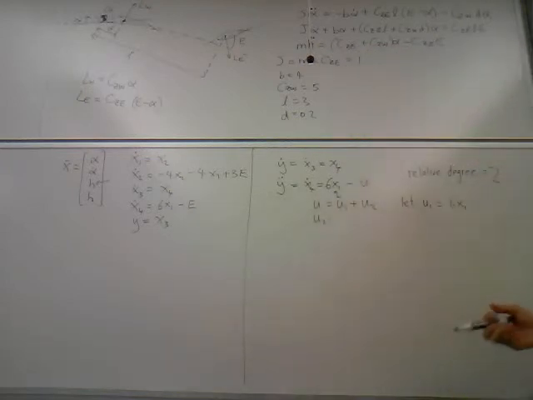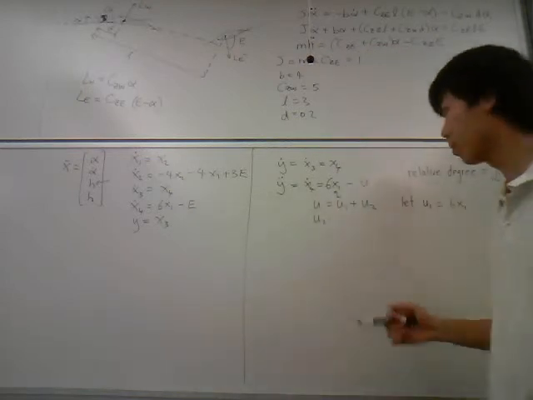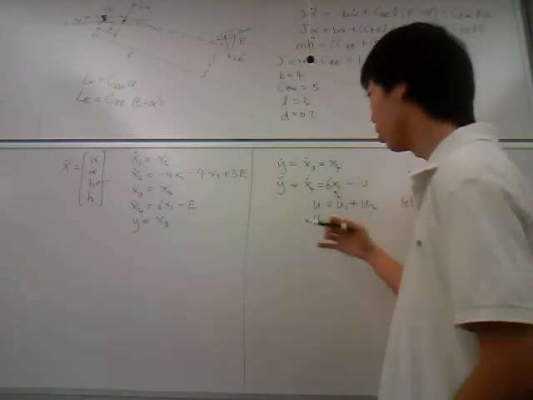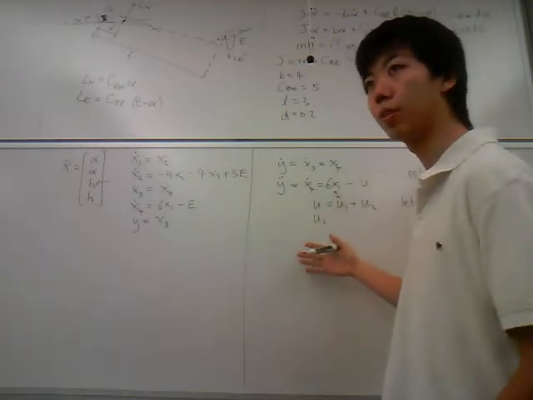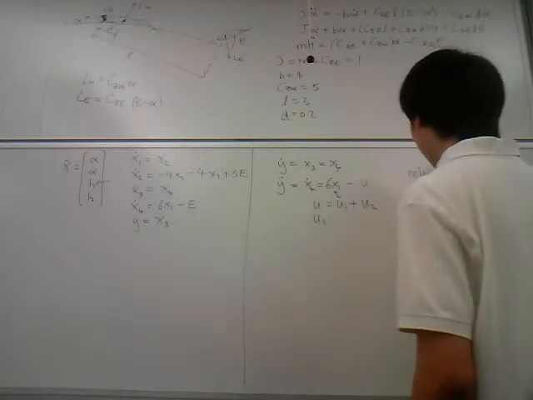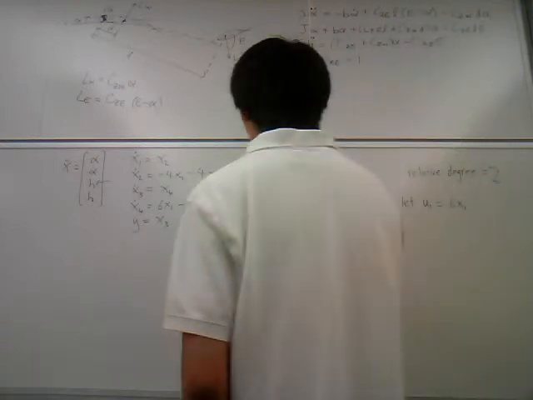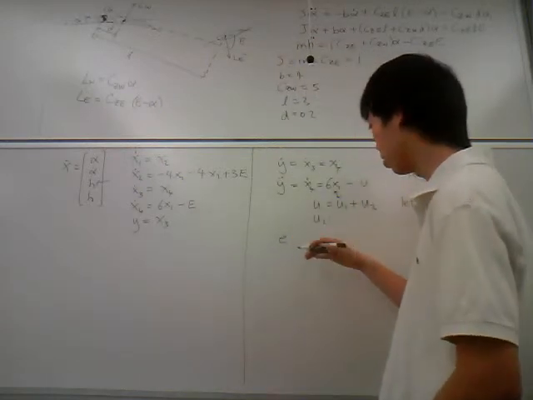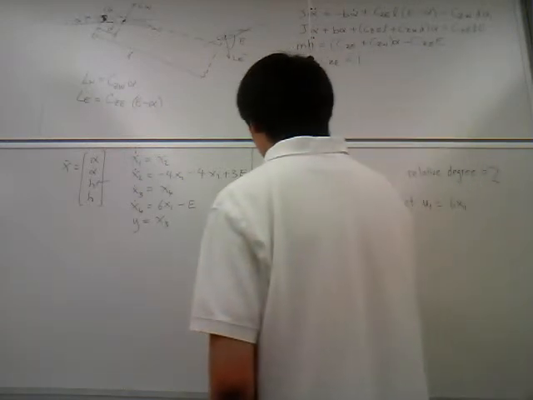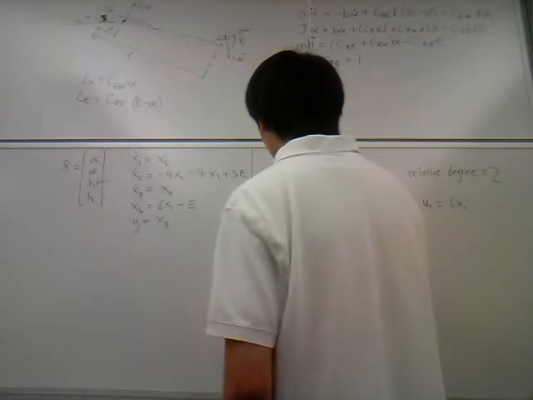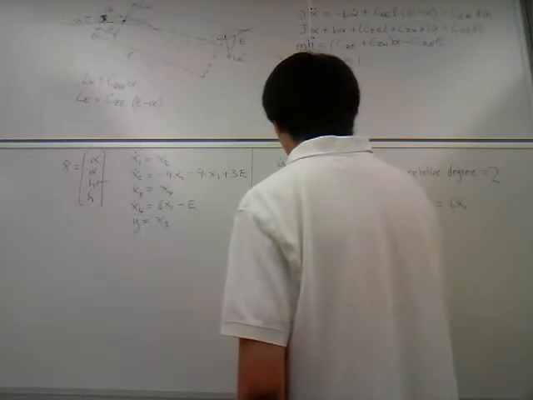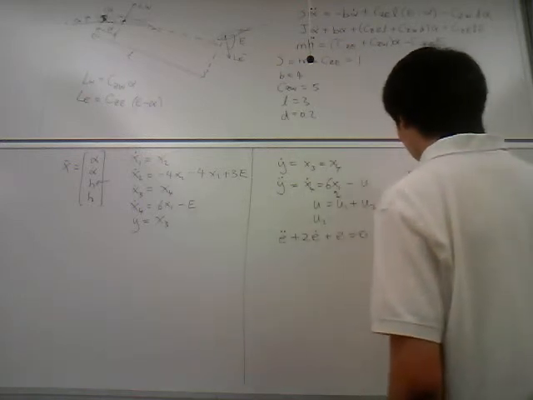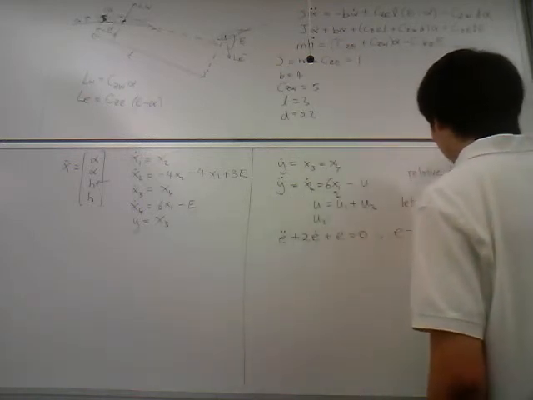For our u2, we can now choose some error dynamics. Let's say we want to put all of our poles of the error dynamics at -1. So we end up with an equation in terms of our error that looks something like this: e double dot plus 2 e dot plus e equals 0, where e is y minus y desired.